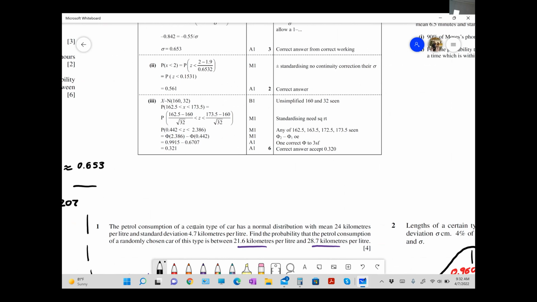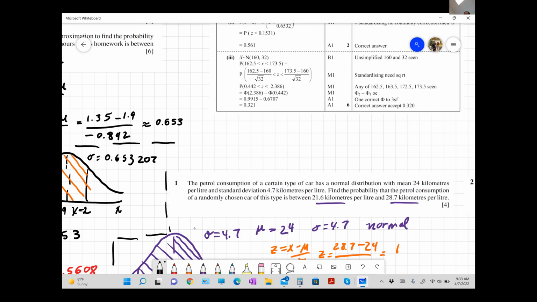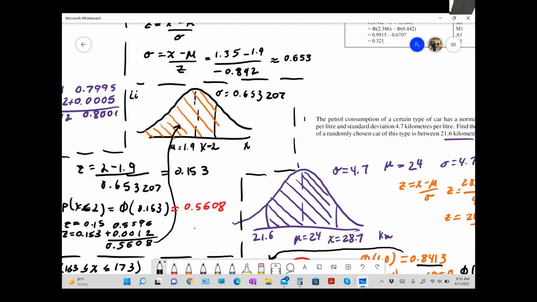I decided not to use 162.5 because I'm teaching you this, but it makes a big difference in the answer. The reason is that a binomial distribution is a discrete probability distribution. It's not continuous.